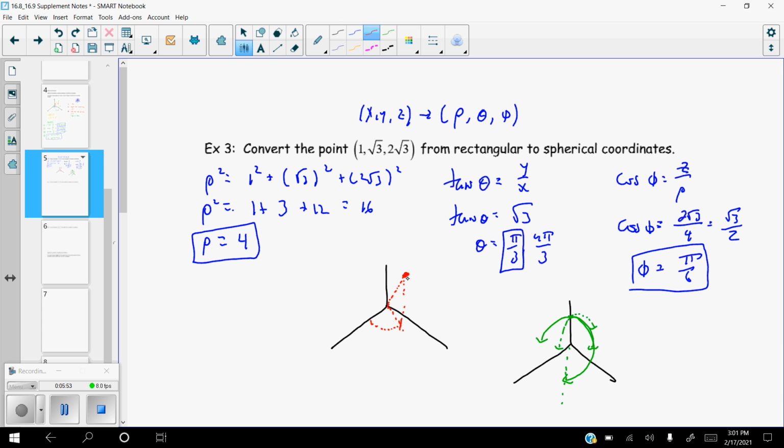But that's basically what it would look like. So there's your theta, there's your phi, and then your rho value is the solid line. So that's rho. So your point would be someplace like that. So our actual coordinate here is rho, theta, phi.